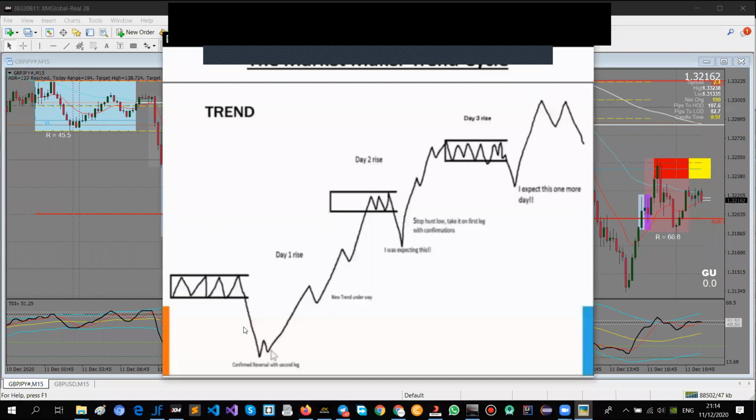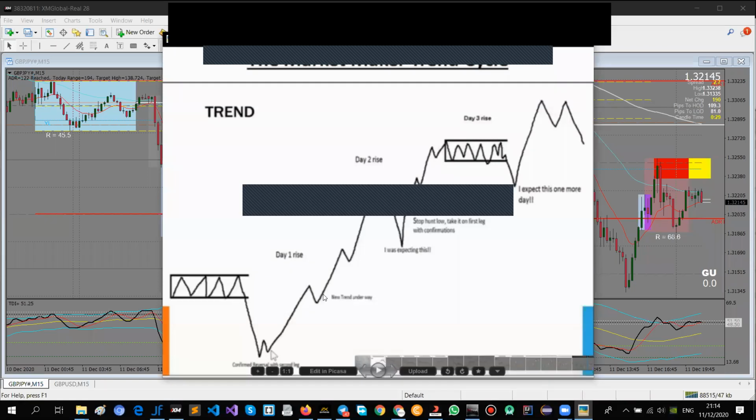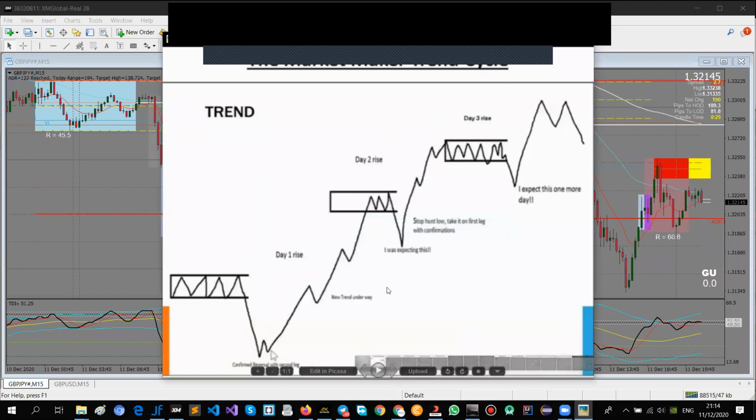From the Asian session, stop and low to the bottom, giving us a W confirmed reversal. Second leg entries are done here. Then there is the first day of rise, the second day of rise right there, and the third day of rise. And these being small intraday rises, small intraday levels, level 1, level 2, level 3, intraday.